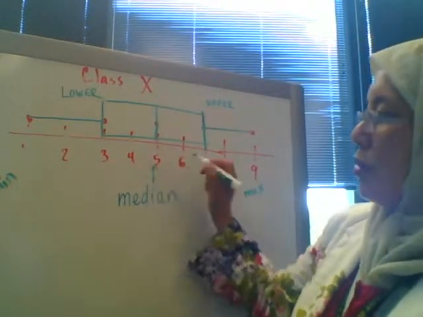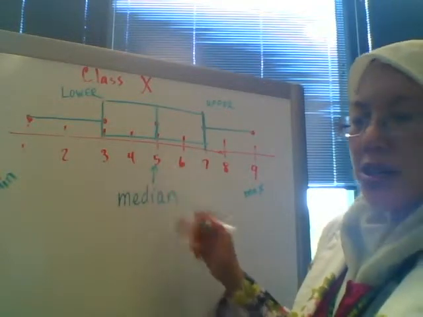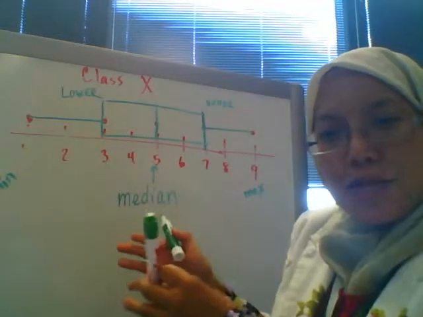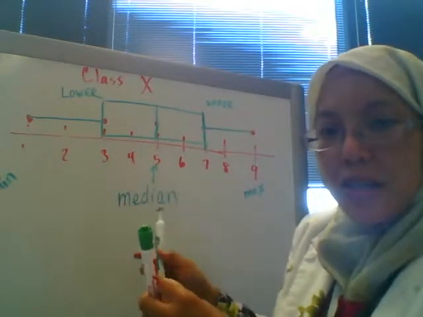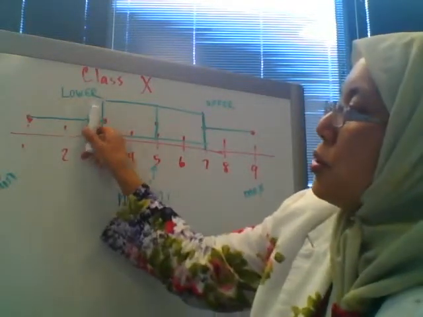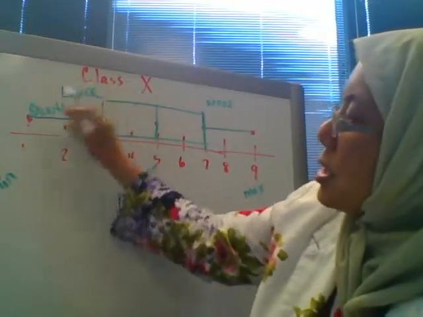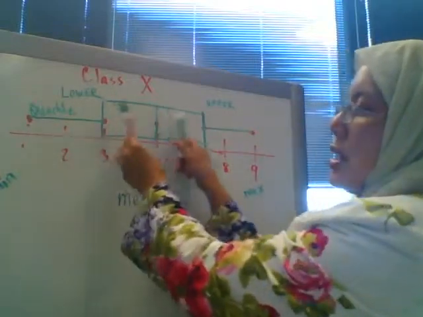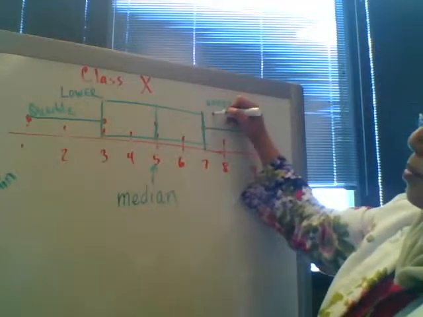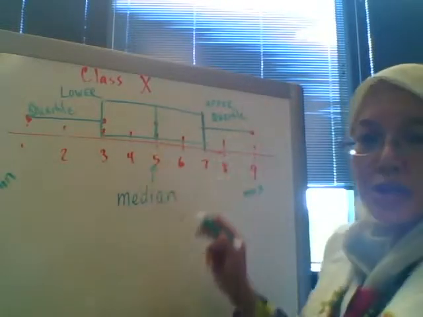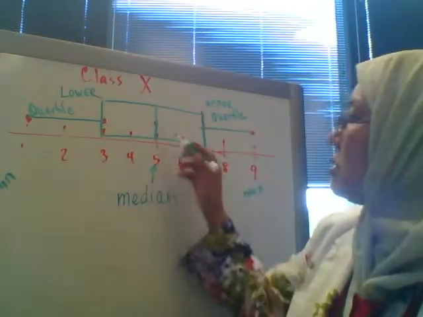Our median value is 5. And then you can see that the boxes form like the inner 50% of your data. This is your lower quartile. You see how everything's divided up into like quarters? This is the first quarter, second, third, fourth. This is the upper quartile. Okay, the second and third make your middle quartiles, okay?